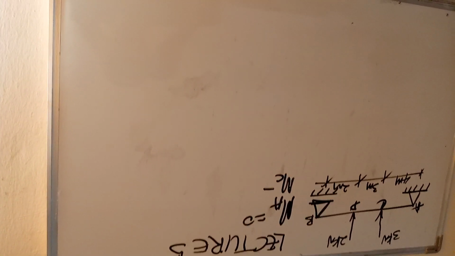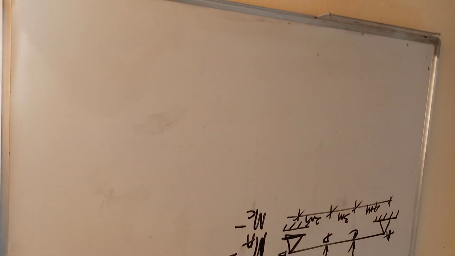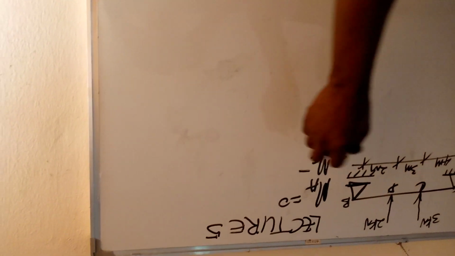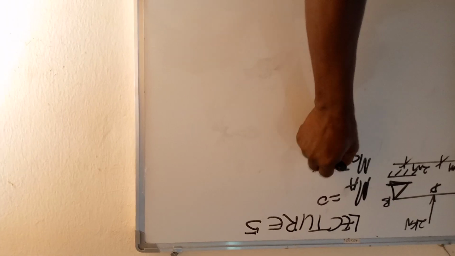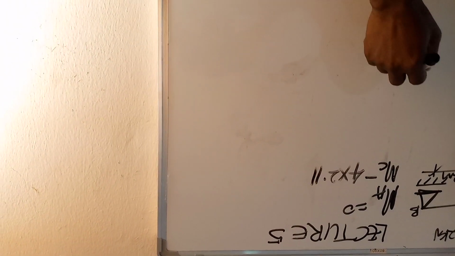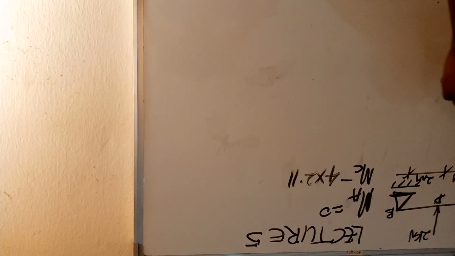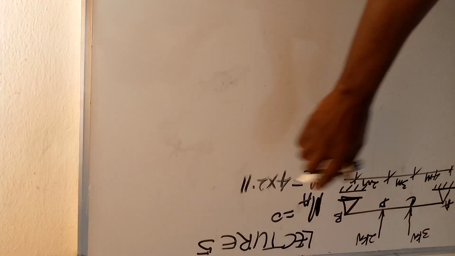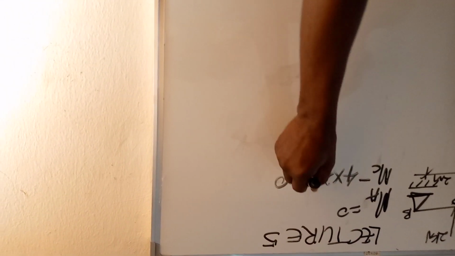We got reaction A equal to 2.11. That means 4 times 2.11. There's no other load before C. At C we do not give a moment because of no distance, so this is equal to 0.